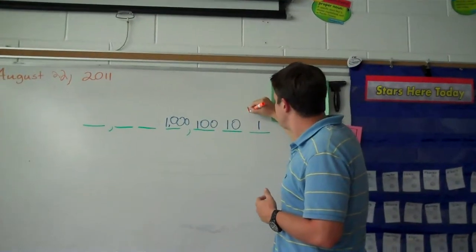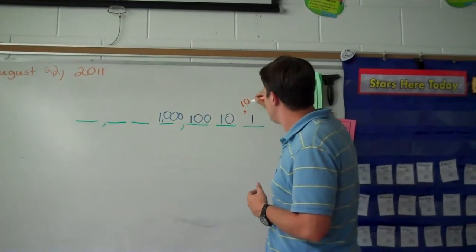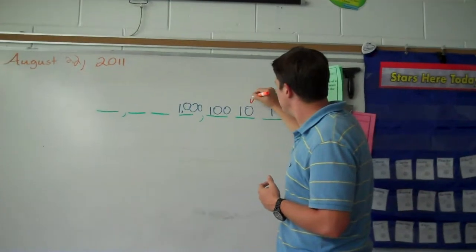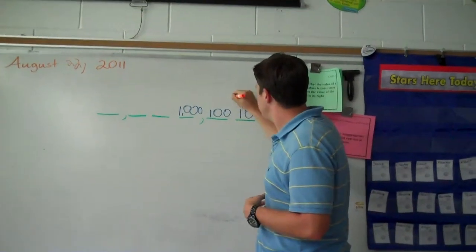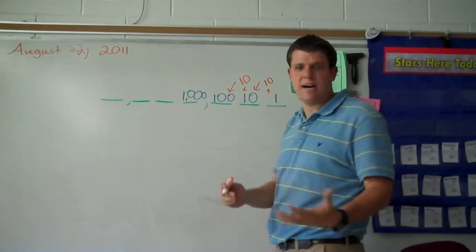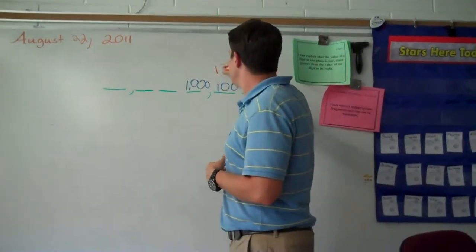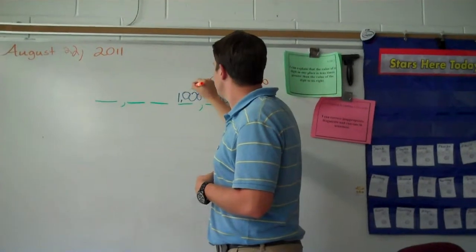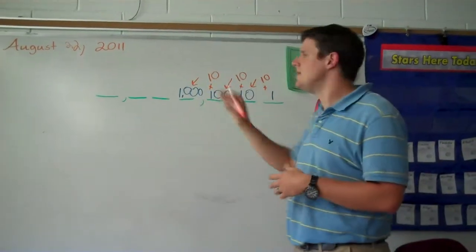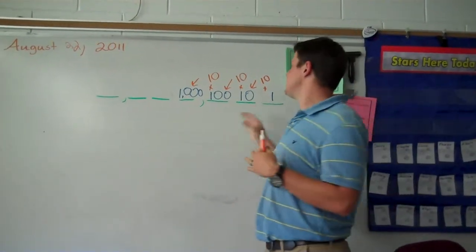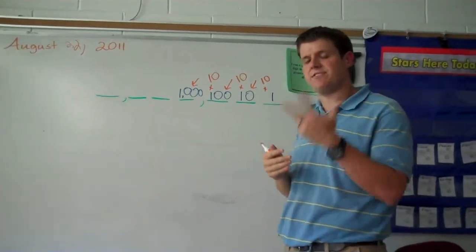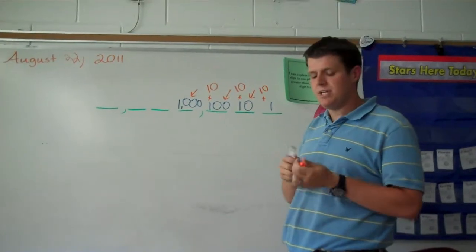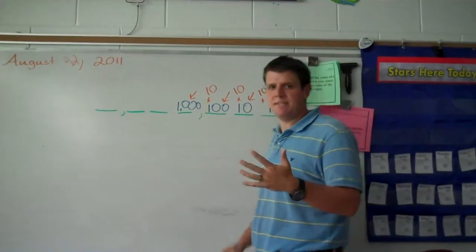If we multiply everything by 10, 10 times 1 gives us our tens column. 10 times 10 gives us a hundreds column, and 10 times 100 gives us a thousands column, and so on. One of the easiest ways to remember this is every column that you go up, you add a zero. Keep in mind, after every 3 digits in a number, you've got to have a comma. And comma means to start over.